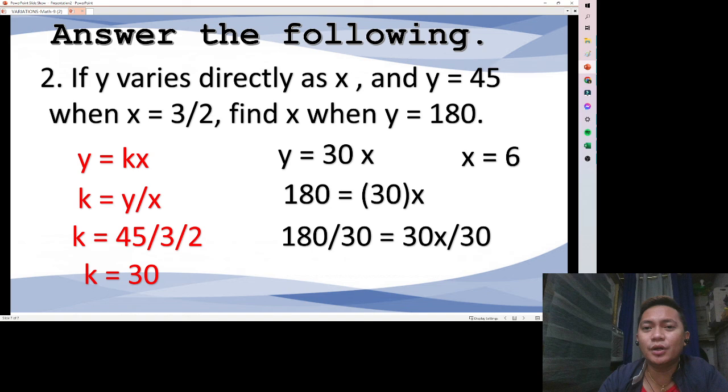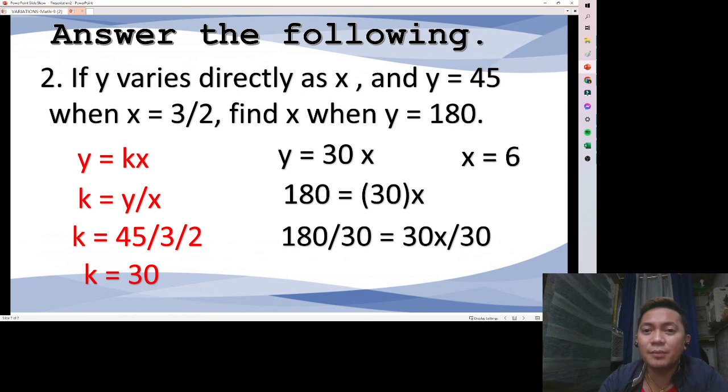Then, apply mo yung y, find x when y is 180. So, apply mo si 180 sa equation, sa y mo ilalagay. Therefore, 180 is equal to 30x. Then, divide both sides by 30.